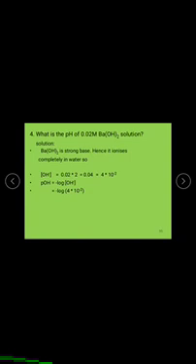Applying the formula, minus log 4 plus 2 log 10. The log 4 value is 0.6021, and log 10 base 10 value is 1. So it is minus 0.6021 plus 2 into 1, which equals 1.3979.